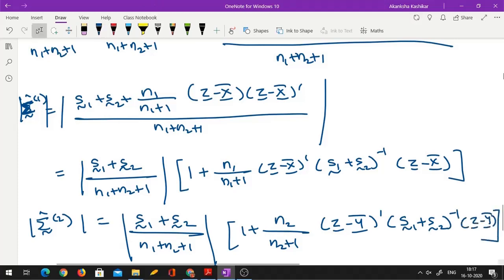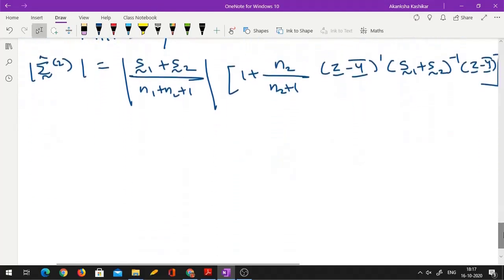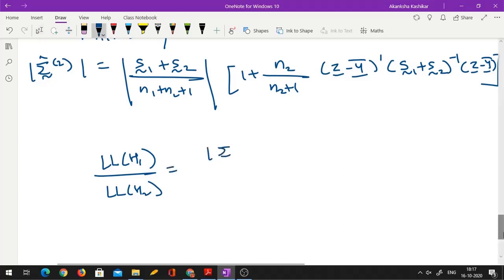The likelihood ratio test statistic would be the ratio of the determinants, and because in the likelihood the determinant goes in the denominator, I would have this ratio as determinant of sigma 2 hat upon determinant of sigma 1 hat. Why? Because the determinant is in the denominator in the likelihood, so it gets reversed.